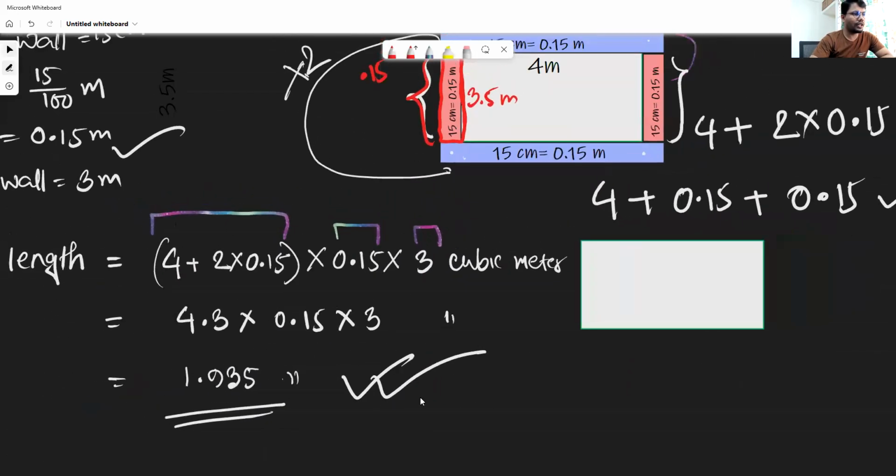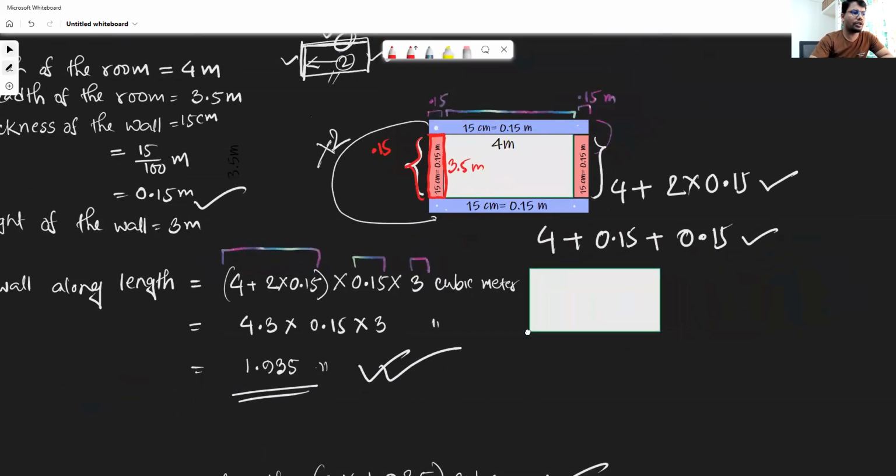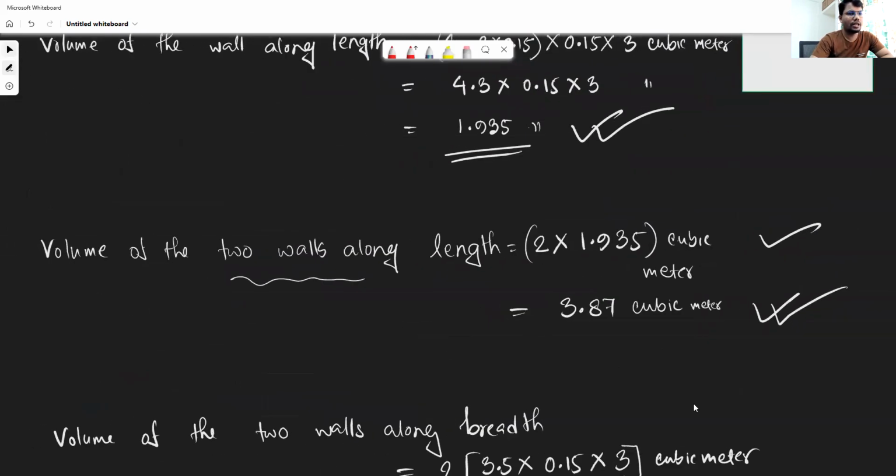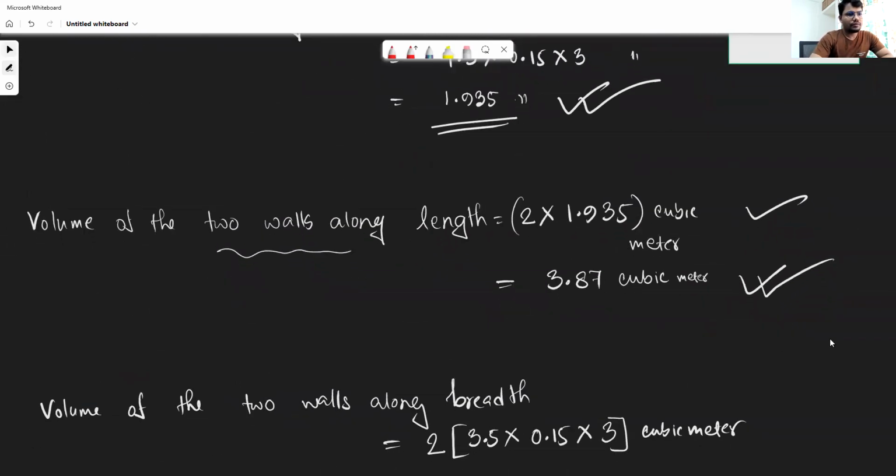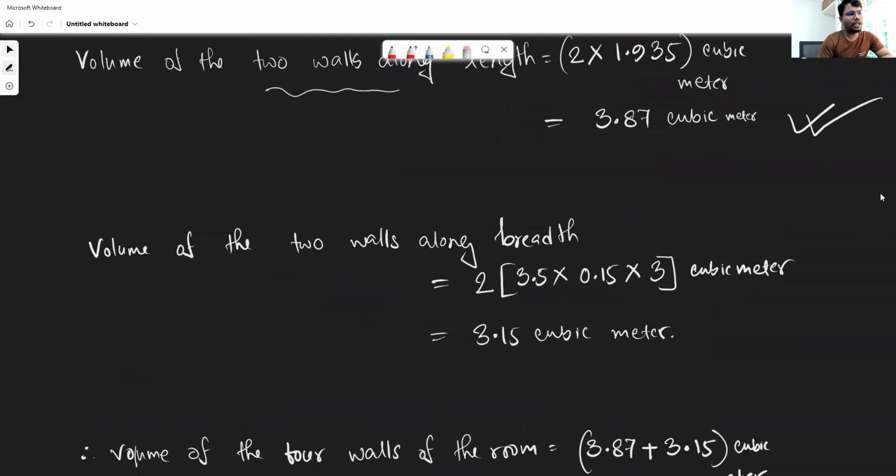Now we find one wall first, or directly we can write two walls. Here the new length, and the thickness will be the breadth, and then the height of the wall. This is the one wall volume.